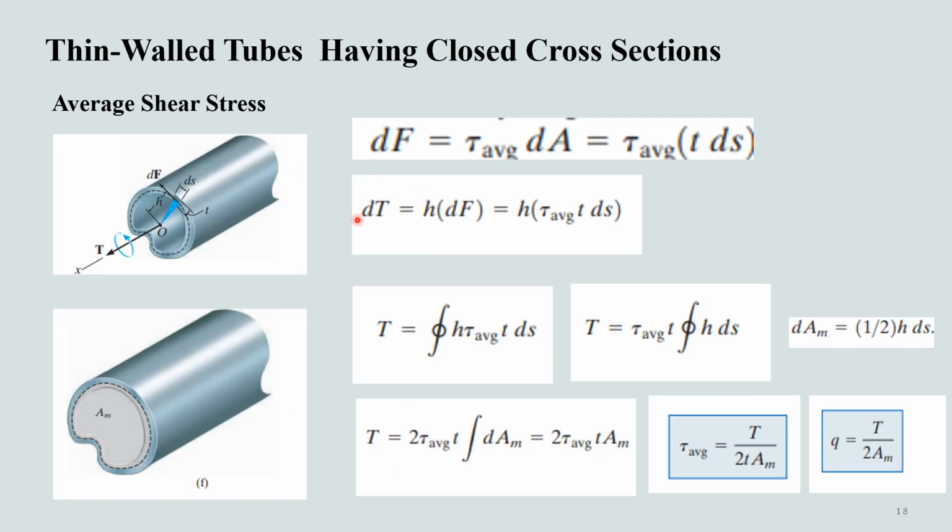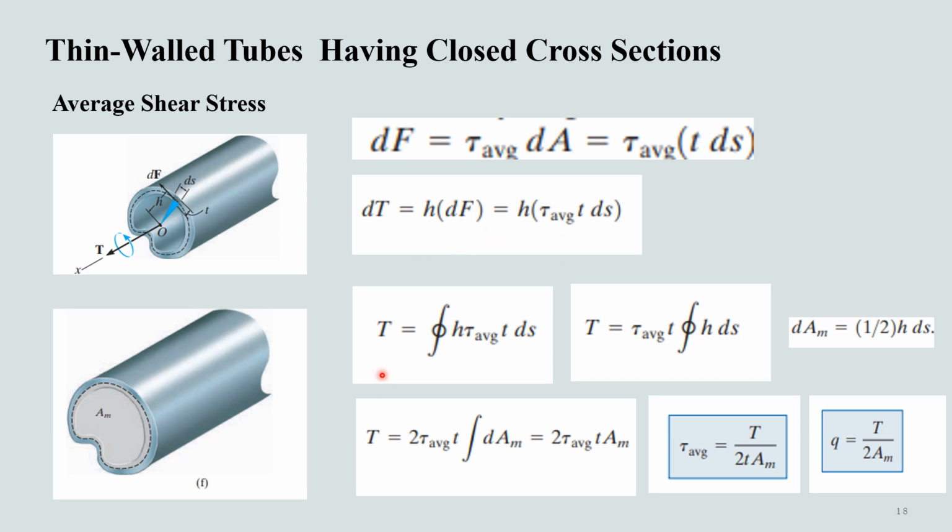The average shear stress can be related to the torque by considering the torque produced by this shear stress about a selected point O within the tube's boundary. The shear stress develops a force dF equal to tau average times dA on an element of the tube. This force acts tangent to the center line of the tube's wall, and if the moment arm is h, the torque is dT equal to h times dF.